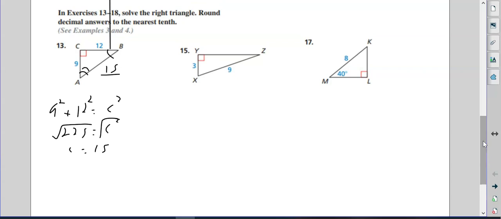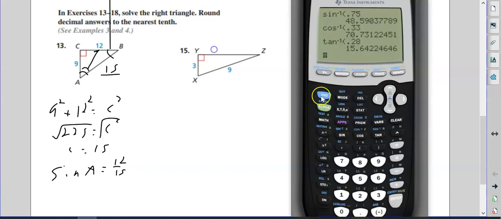Now, we're just going to find A and B. So you can do anything you want. We have all three numbers, so you can do sine, cosine, tangent, doesn't really matter. So you just need to find one of them. I'm just going to do sine of A. Sine of A, again, sine is opposite over hypotenuse. So that's 12 over 15. Okay, so we're going to find the angle. So we're going to do second sine.